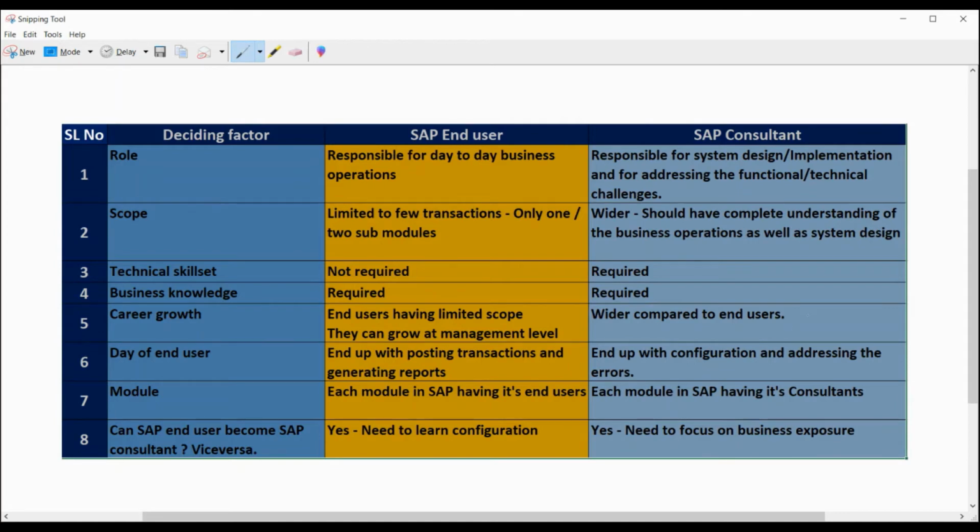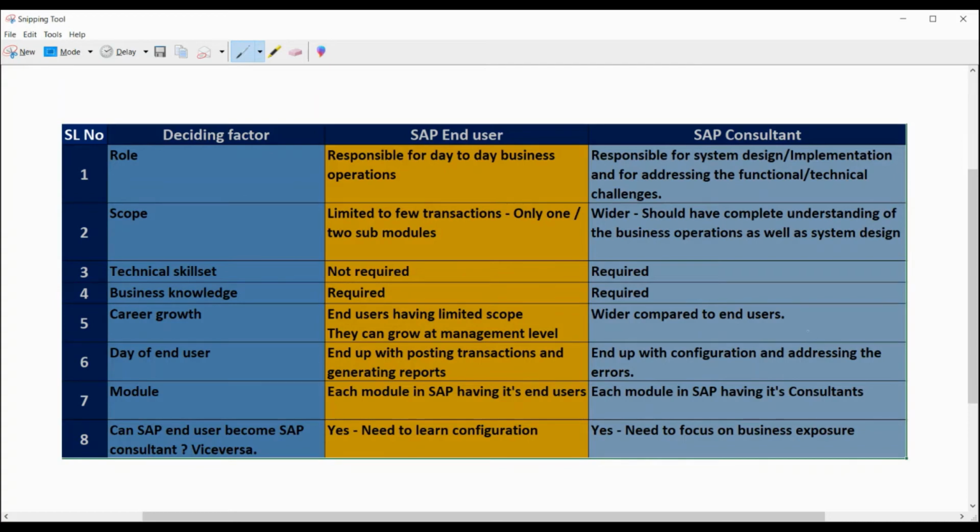Career opportunities are also wider compared to an end user, because the end user needs to wait for that profile in the next company or a future company, and find the right profile for his career need. But SAP consultants have multiple opportunities at global level.